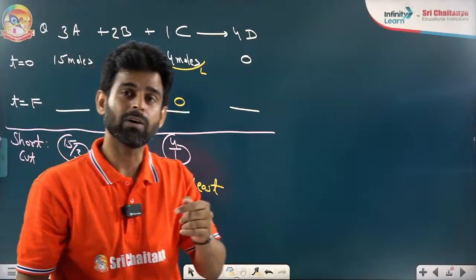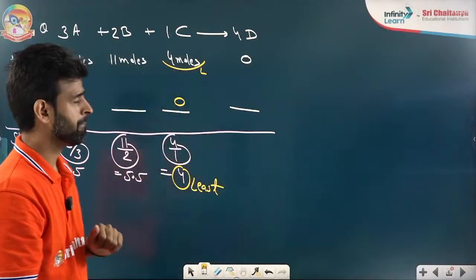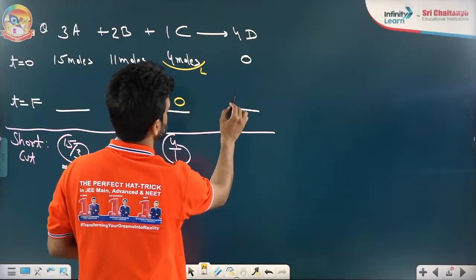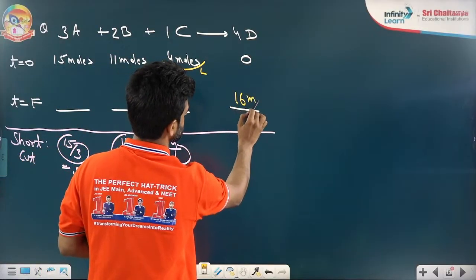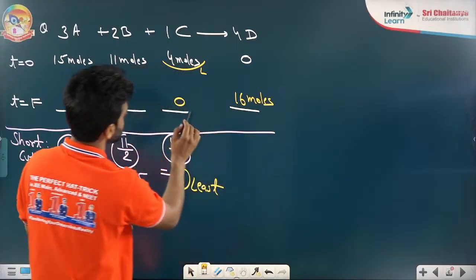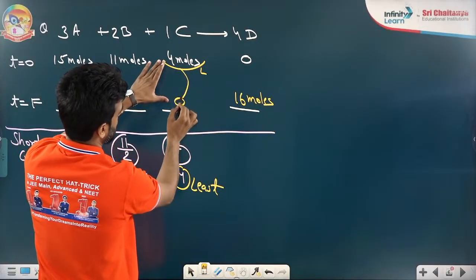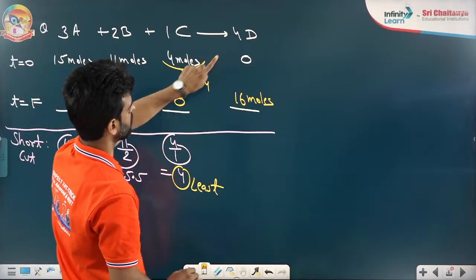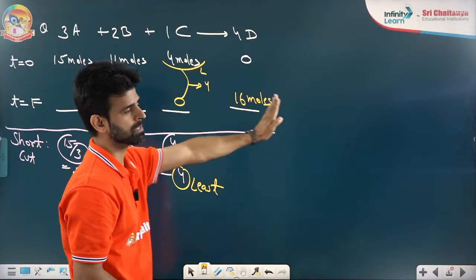Initially 4 moles, now 0 moles. 1 mole produces 4 moles, so 4 moles would produce how many? 16 moles. Very good. 1 finished produces 4, 4 finished produces 16.